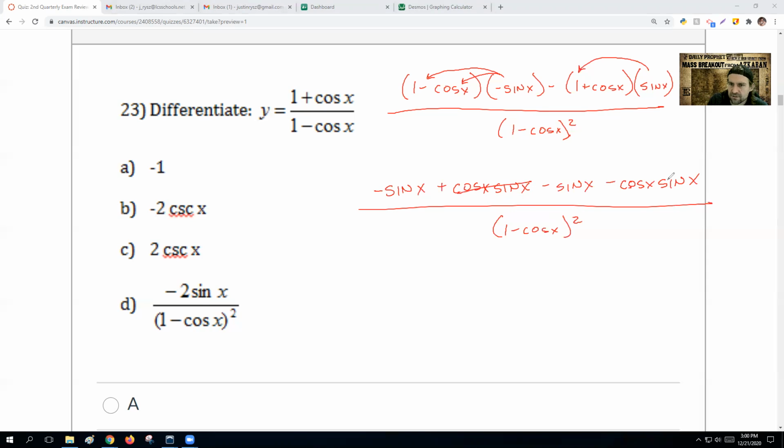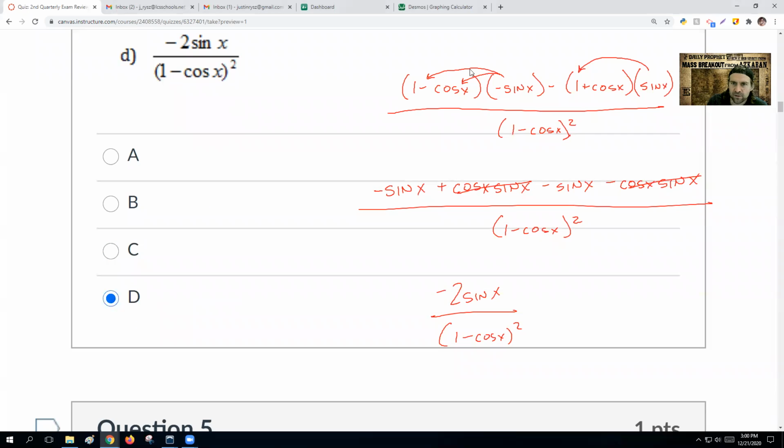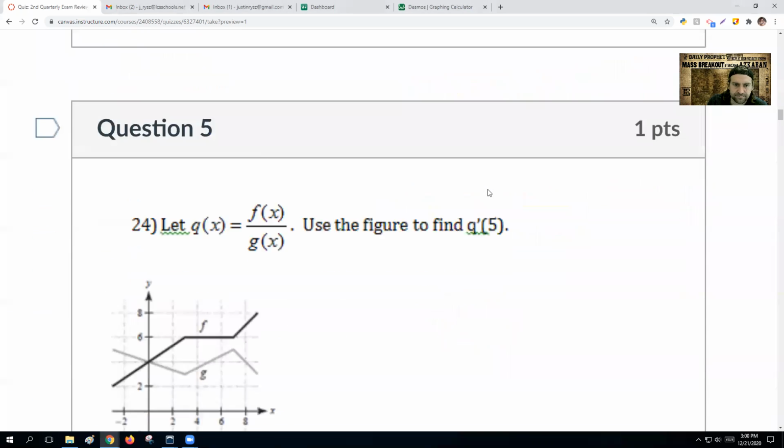Okay, those cancel out. And so we got minus 2 sine x over 1 minus cosine of x squared. All right, so that looks just like D. I'm going to say that is, unless there's some weird trig identity that I forgot about.